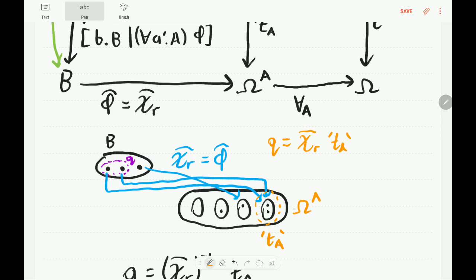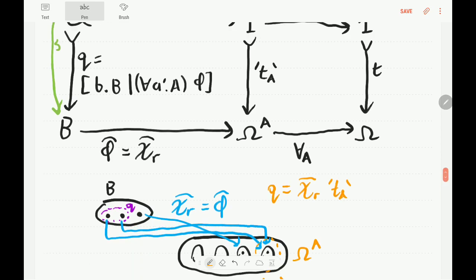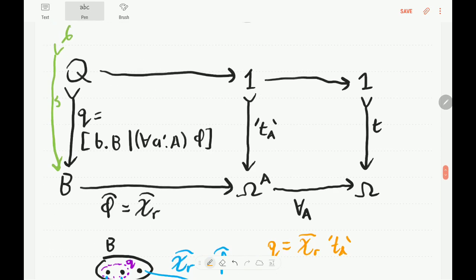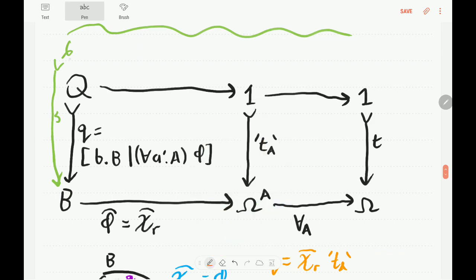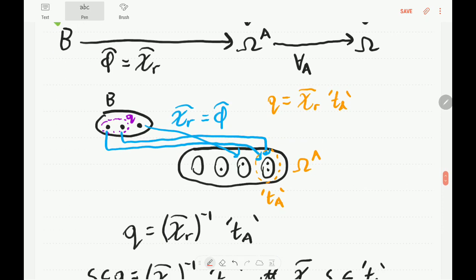So this is the inverse image of this name of TA under phi bar. But anyway, what we're really interested in is the conditions for a monic S from zeta to B to be in Q. Okay, so let's think about that now.